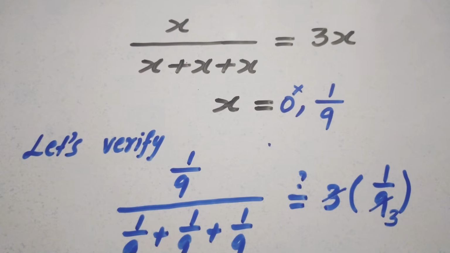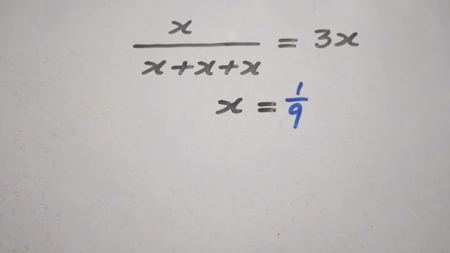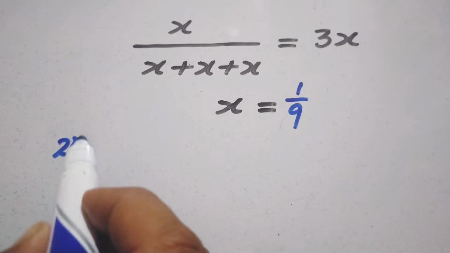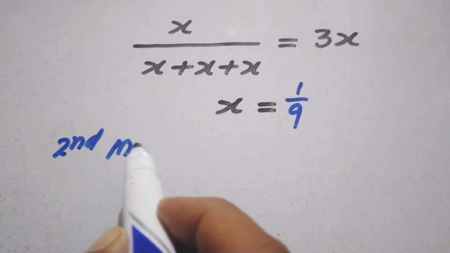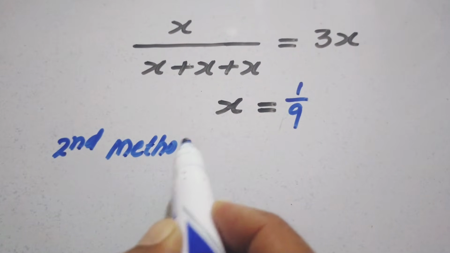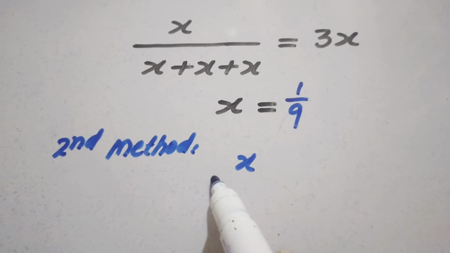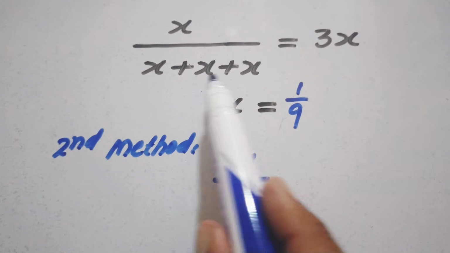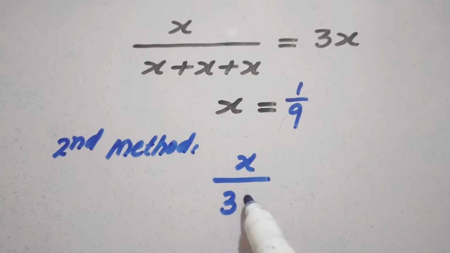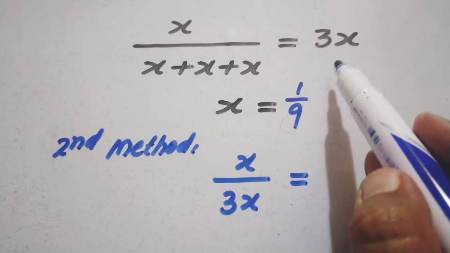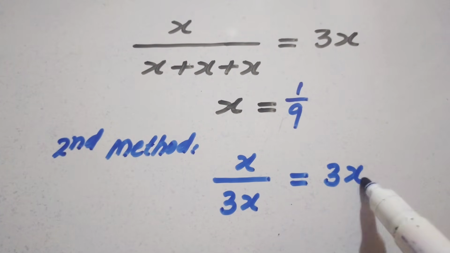Now let's find the value of x by the second method. Here we have x divided by x plus x plus x, which is 3x, is equal to, at the right hand side, 3x.